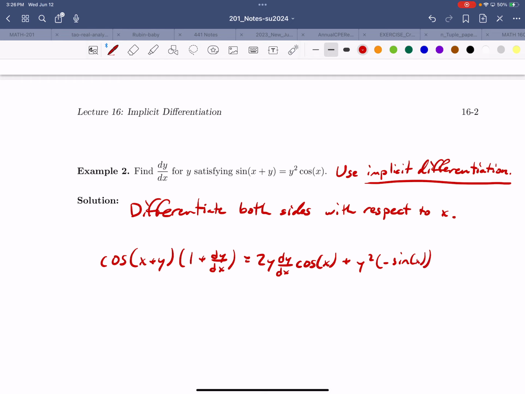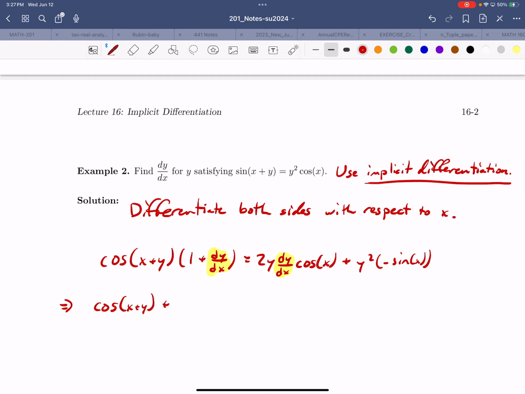Okay? Now at this point, we have to solve for dy over dx. Right? Well, just right there, right? So what we're going to do first is just simplify this a little bit, namely getting rid of these parentheses. Right? So I'm just going to write an implies symbol.